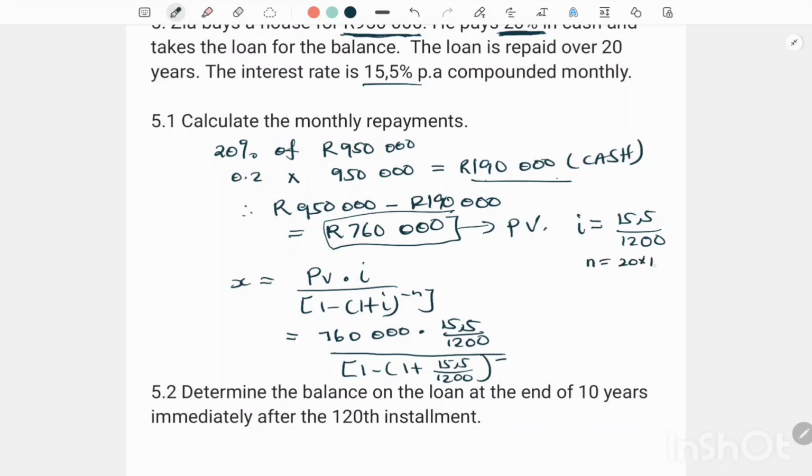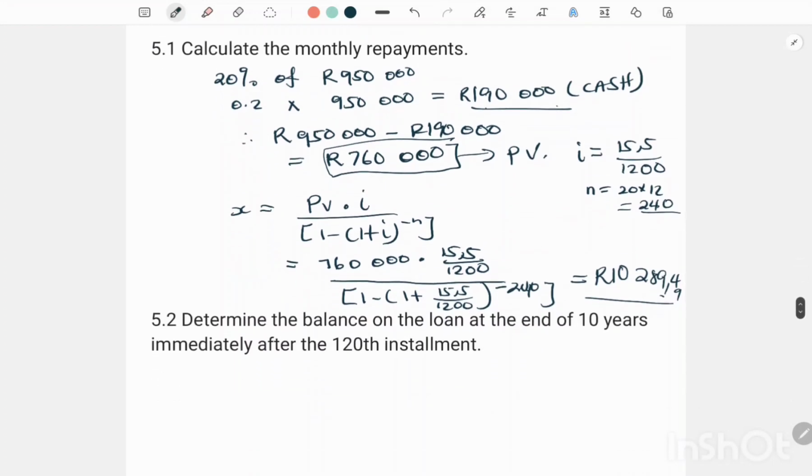N is 20 times 12, which is 240. Yeah, it means Zia has to make 240 payments. Negative 240. Then you punch it in a calculator. You get your x. Then it means he's going to pay 10,289.49 monthly. That's the monthly payment.